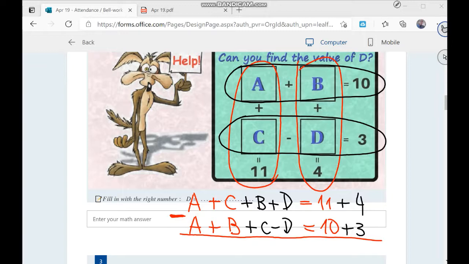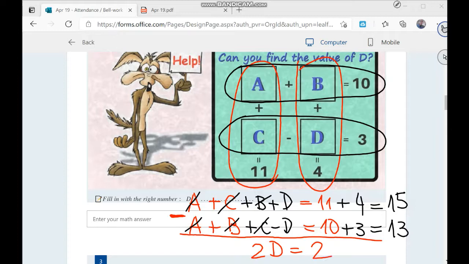If we subtract, A minus A is 0, C minus C is 0, B minus B is 0, D minus negative D is 2D. And 15 minus 13 equals 2. 2D equals 2.